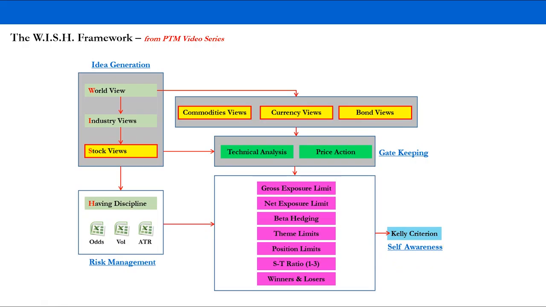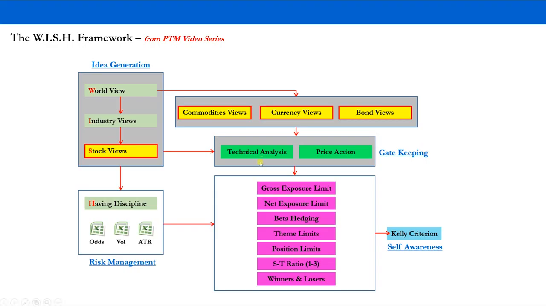And it's no different in the currencies market. So for viewers of the PTM video series, you will be able to apply and understand a similar approach over here in the PFTM video series. And for viewers who haven't seen the PTM video series, this will be new to you, but don't worry about it. We'll explain everything as we go along.